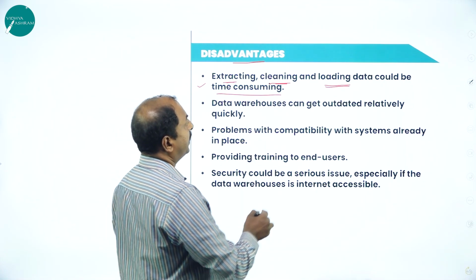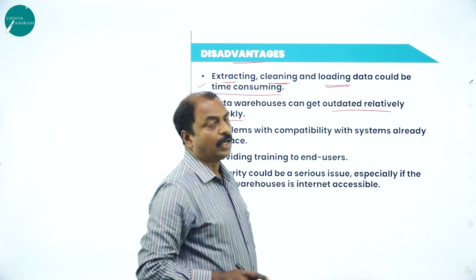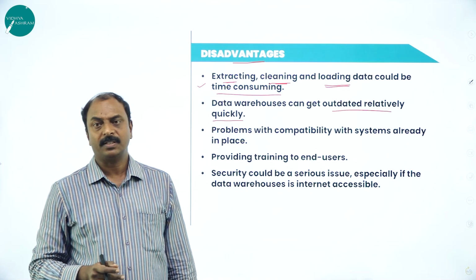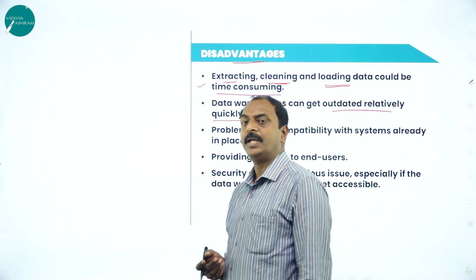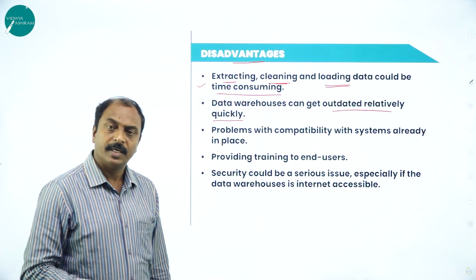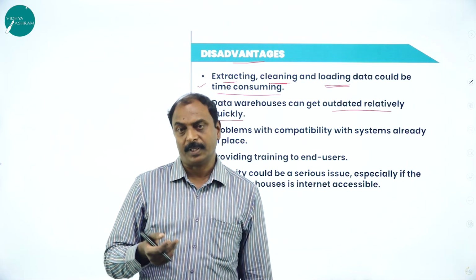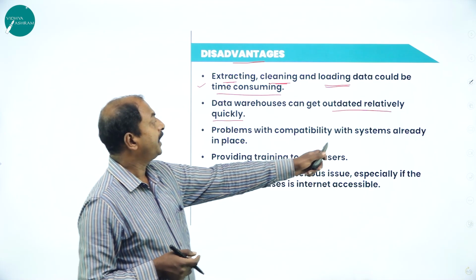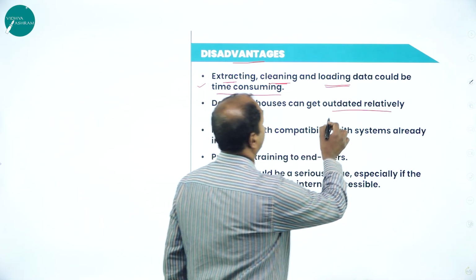Next one is it can get outdated relatively quickly. A very good example is a supermarket. Different users are going to buy different types of items in a supermarket. So automatically after some time the data can get outdated relatively.